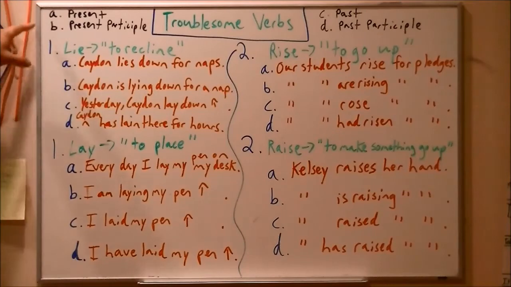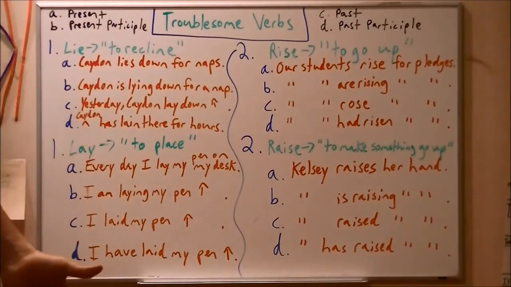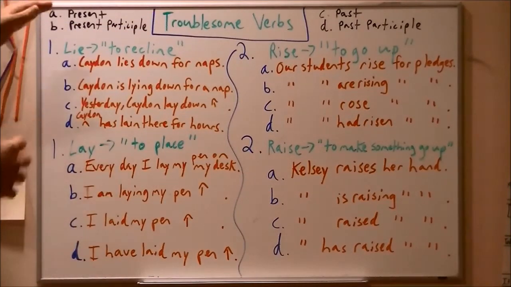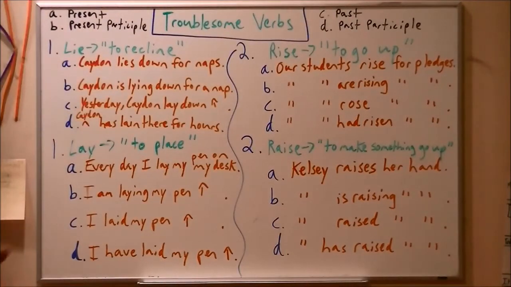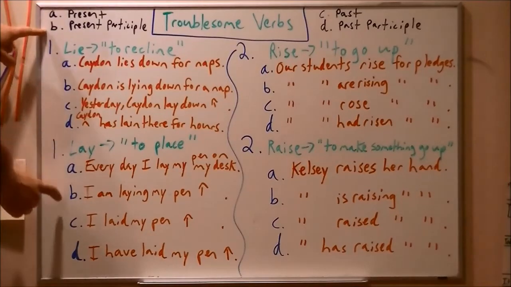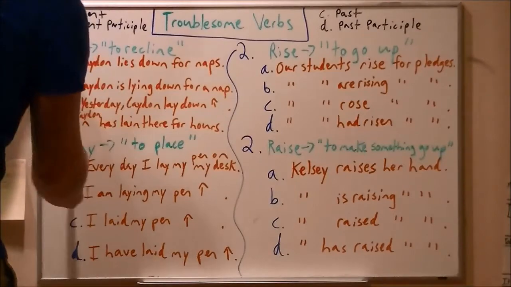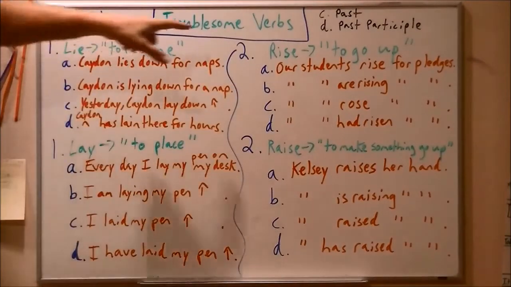Now, before we get into these, I want to give you a key up here for all of our A, B, C, Ds, and I just really didn't have space to write it. For all of these, they're going to be the same. A key up here as far as verb tense. The first one, A, is going to be present. All the B's are going to be present participles.